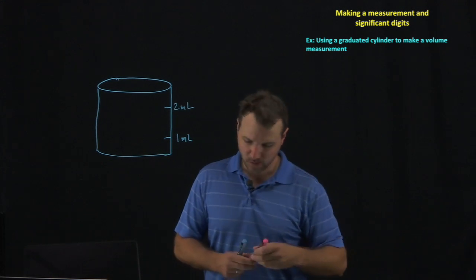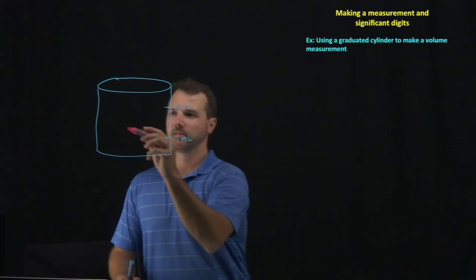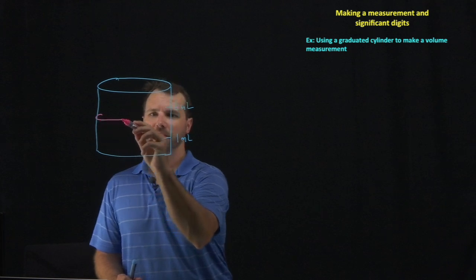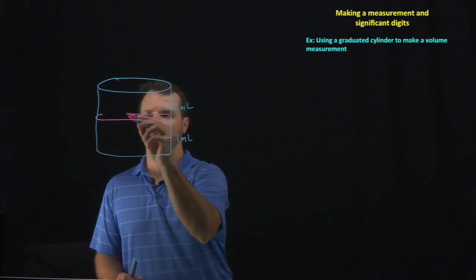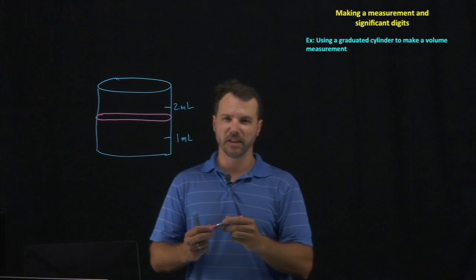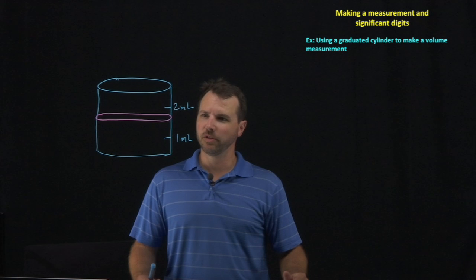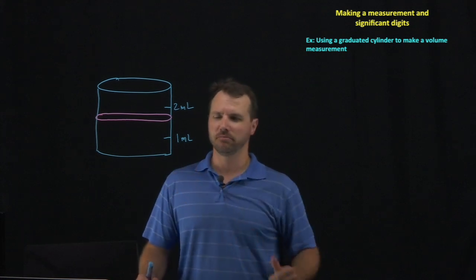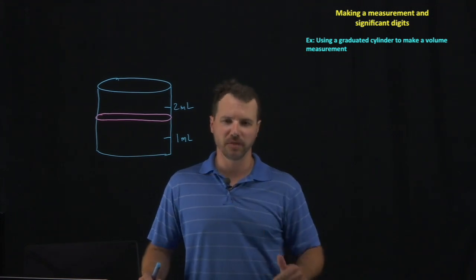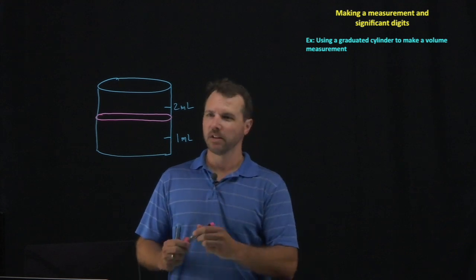And let's say we have water in this beaker up to that level. What we want to do is, how could we report the volume of this? If we want to measure the volume of this sample of water.